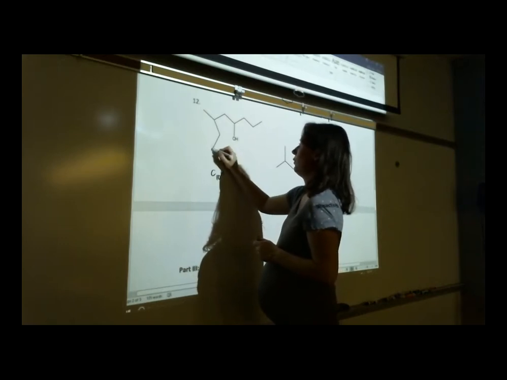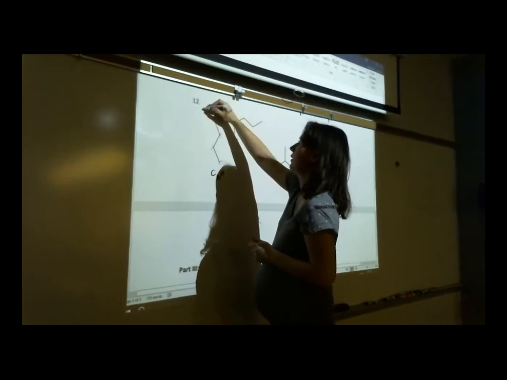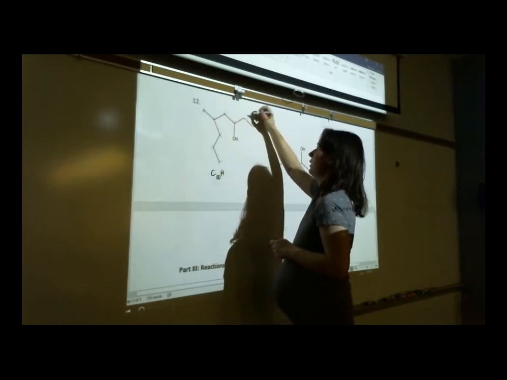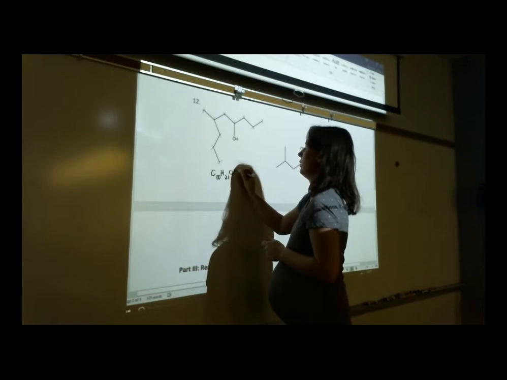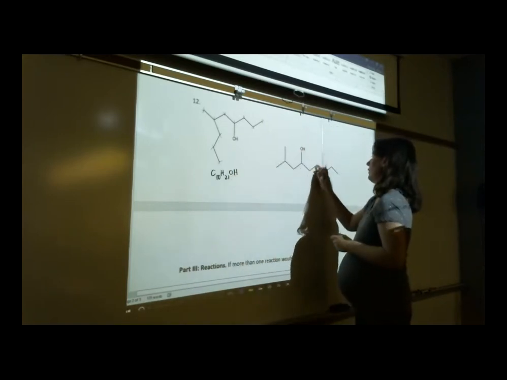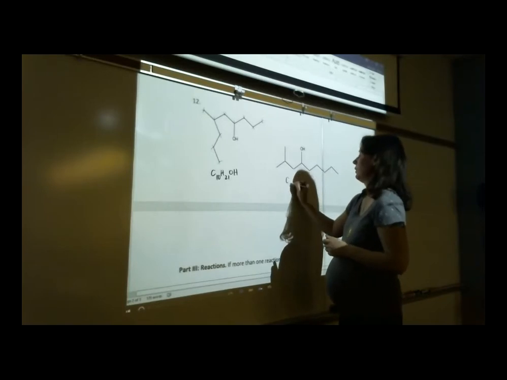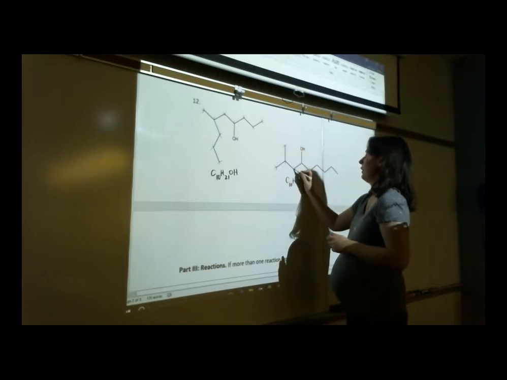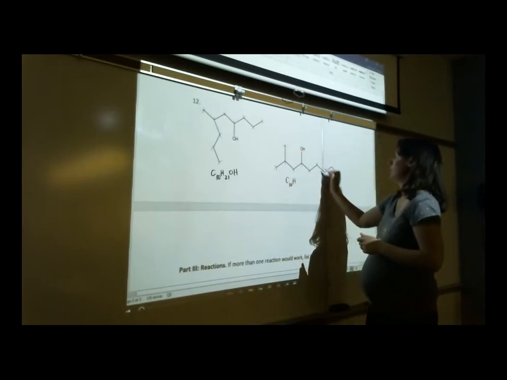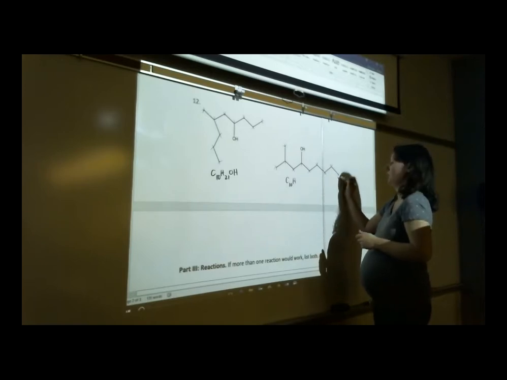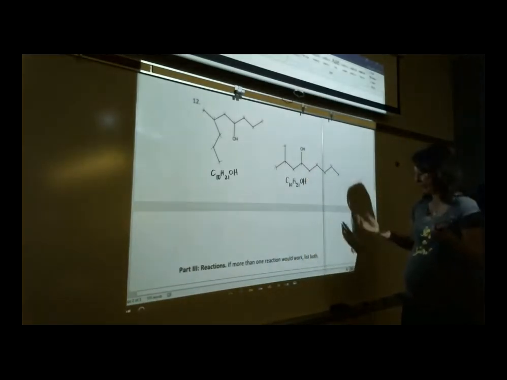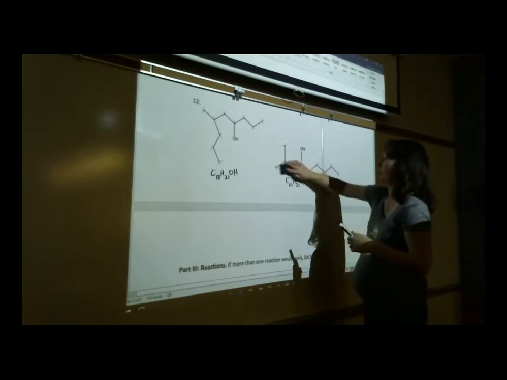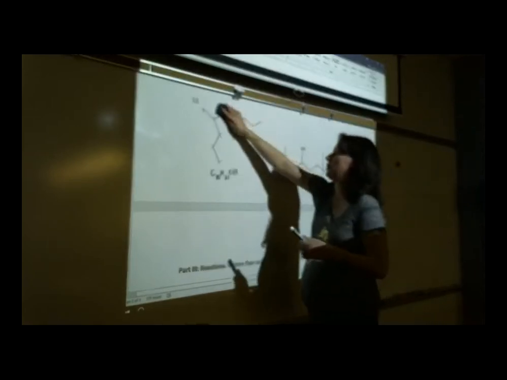And then the hydrogens, 1 through 21. The other is also 10 carbons and 21 hydrogens. So they have the same formula. Now we just need to decide, are they the same molecule or are they structural isomers? So let's name them.